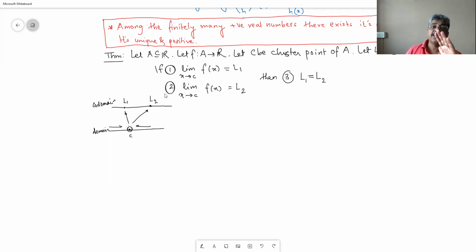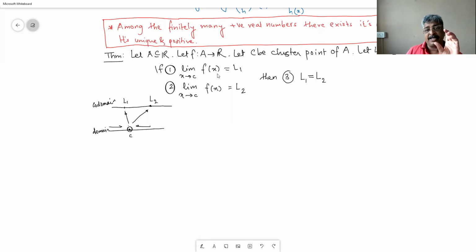If the function is well behaved, it is enough to look at the neighboring points of c. How much neighboring? A delta neighborhood. How much is delta? You find out depending upon the epsilon which is given to you. That is the approach that we are taking.